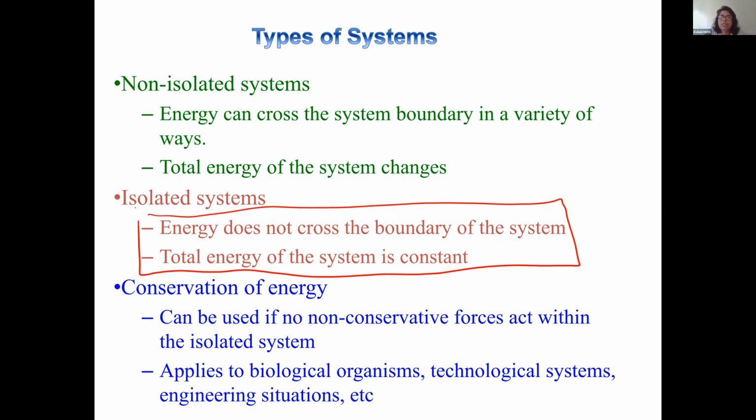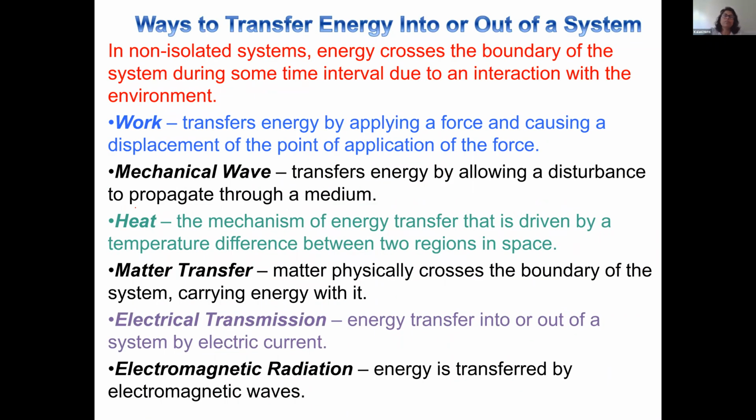For those isolated systems, we can write the conservation of energy principle. If it is a non-isolated system, we need to modify the conservation of energy. We are working with isolated systems, so keep that in mind. When I started talking about energy, I mentioned that energy can be transferred, but not created or destroyed.